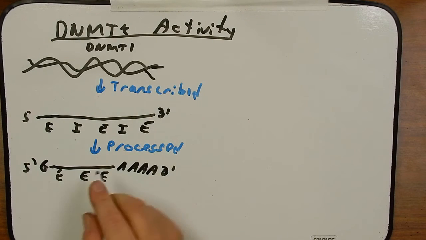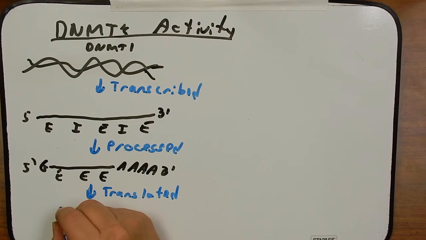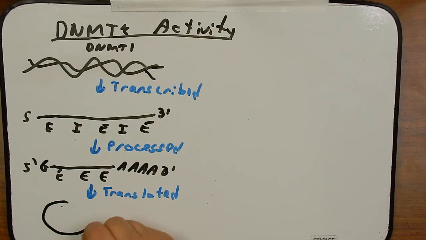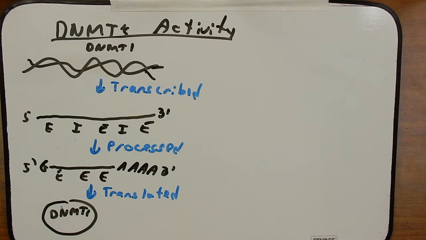This processed messenger RNA then is translated into the DNMT1 protein. Throughout this whole process, there are many ways that DNMT1 can be regulated. And I'm going to talk about a few of them.